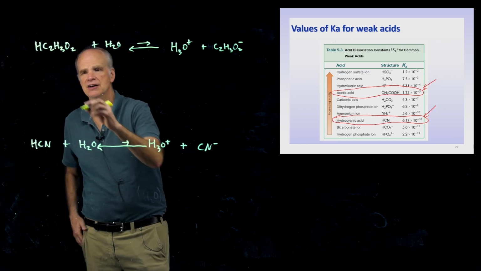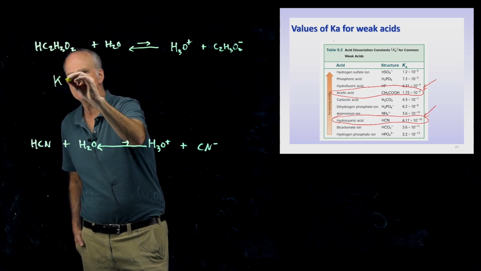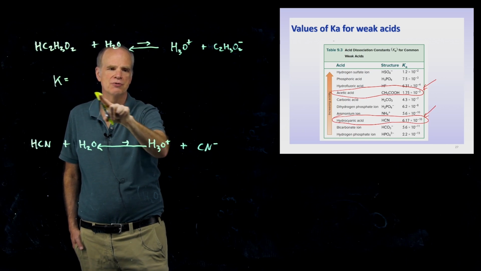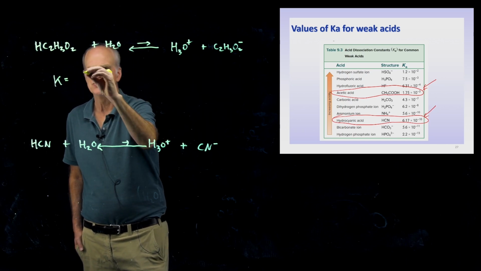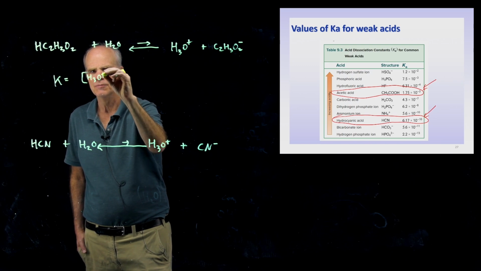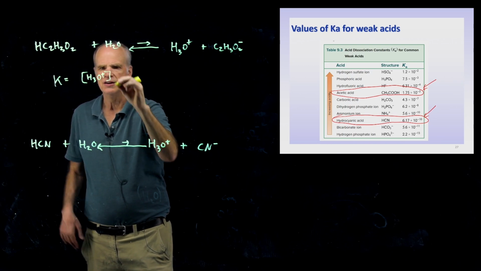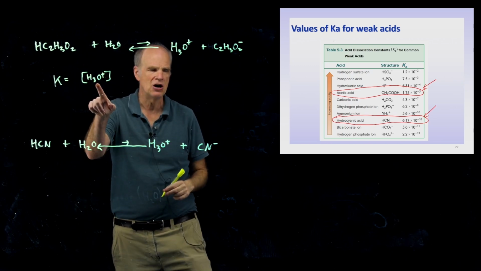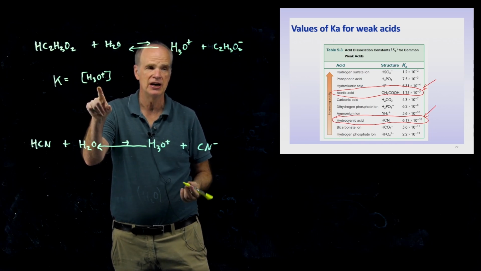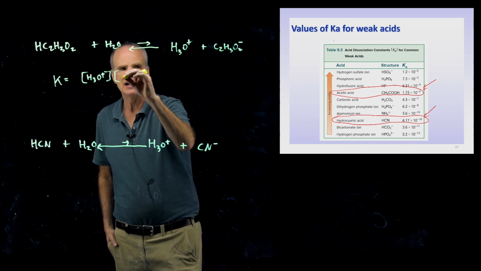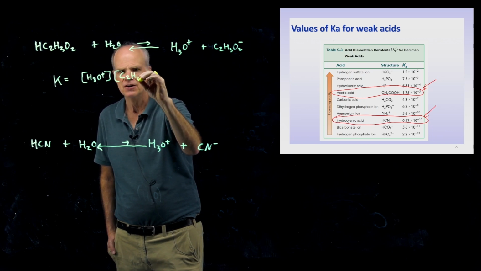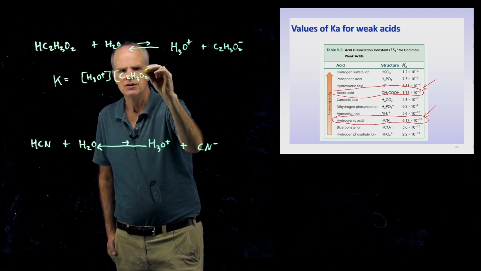So first K. K, you may recall, is the concentration of the products over the reactants. So who are the products here? The products are H3O plus, and we put the name of the molecule in brackets to remind ourselves that we want the concentration of the hydronium, and then we have the concentration of the acetate, C2H3O2 minus.